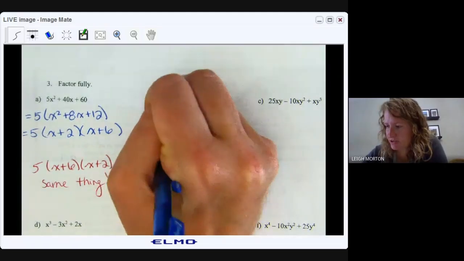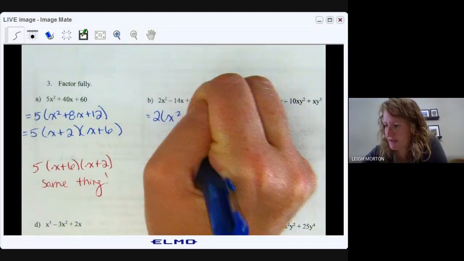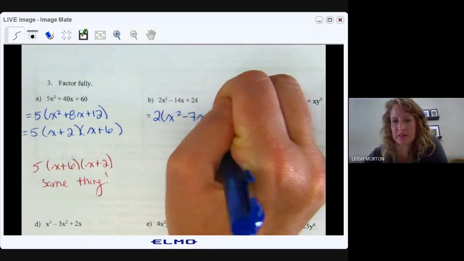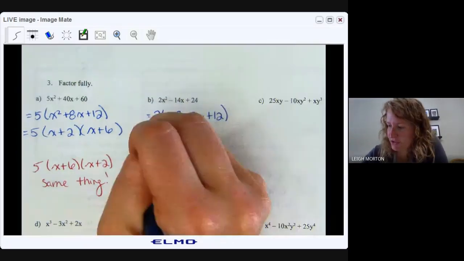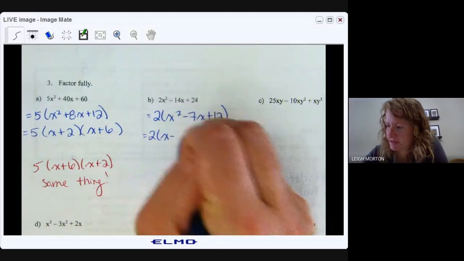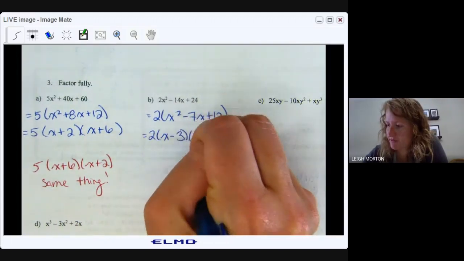So you guys are going to get 2 times x squared minus 7x plus 12. Then when you factor that, you're going to get 2 times x minus 3 times x minus 4.